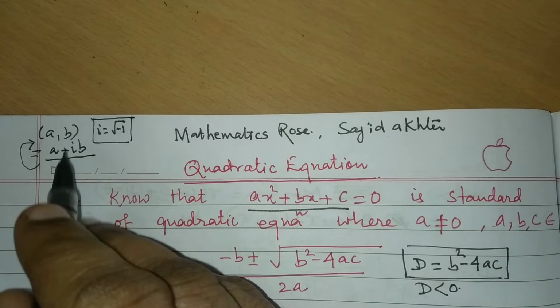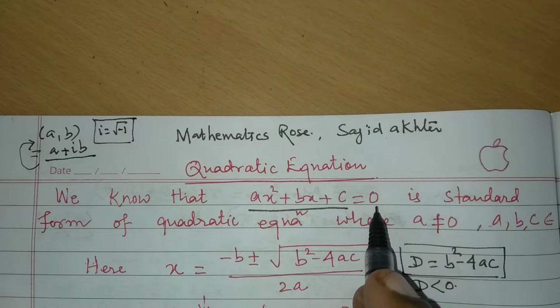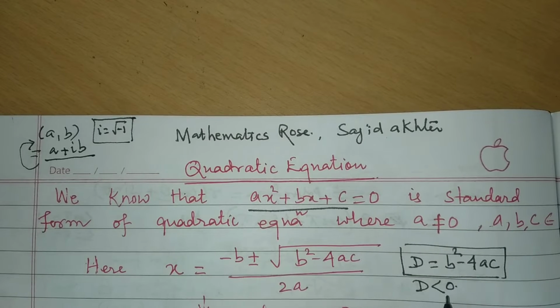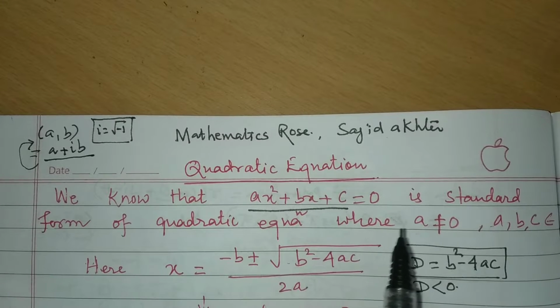So when the quadratic equation is equal to 0 and the discriminant is less than 0, the square root of d will be an imaginary number, and the sum of a real number and an imaginary number is always a complex number.